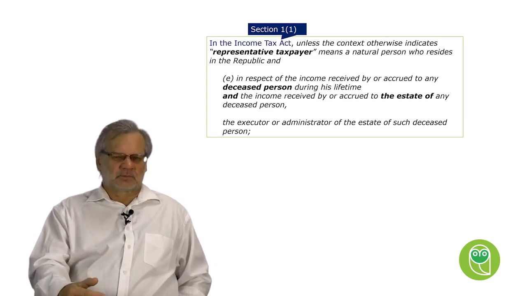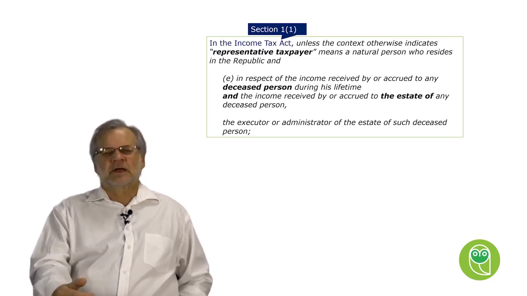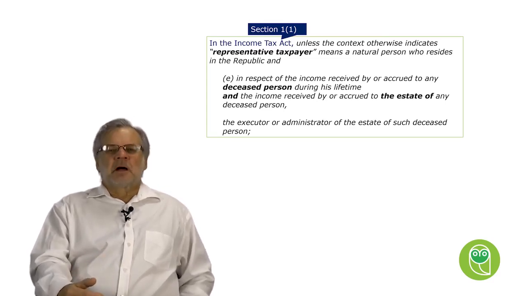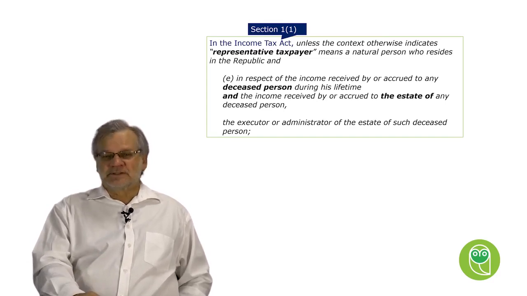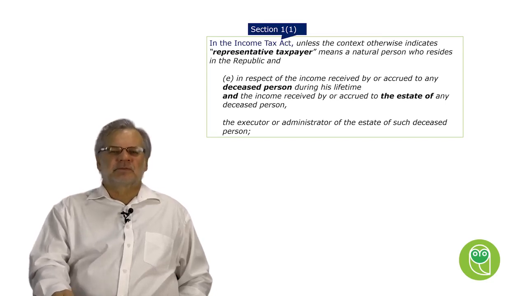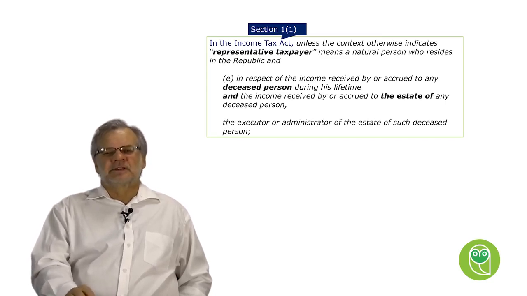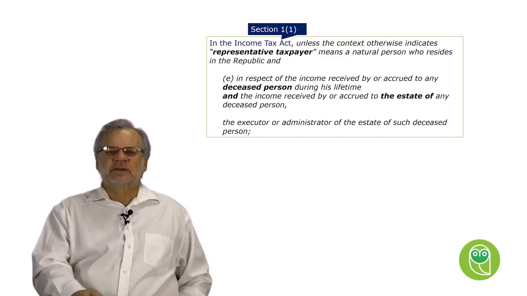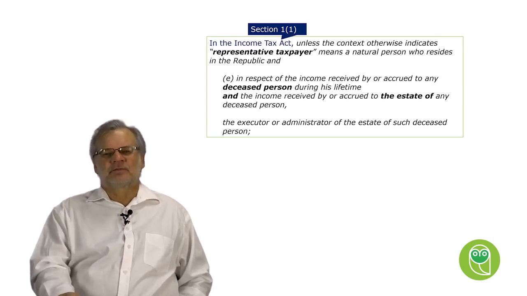If we look at section 1(1), it defines a representative taxpayer in respect of income received by or accrued to any deceased person during his or her lifetime, and the income received or accrued to the estate of any deceased person, as the executor of the estate of such deceased person. Again, you see that deceased person and the estate of the deceased person.